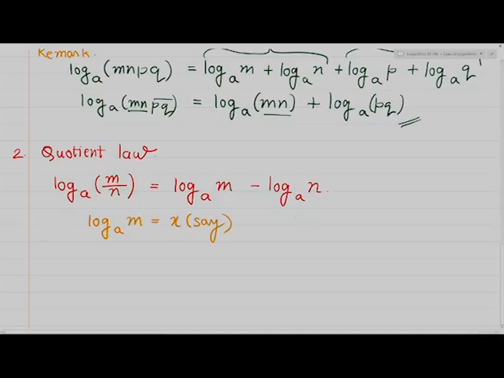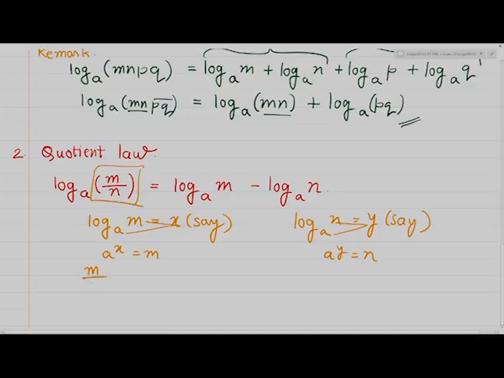Again I am repeating the steps, so I will be a little bit faster. I will use the 7 rule on both expressions, and then it will be a raised to x is equal to m and a raised to y is equal to n. If a raised to x is equal to m and a raised to y is equal to n, then I am interested in this kind of expression.